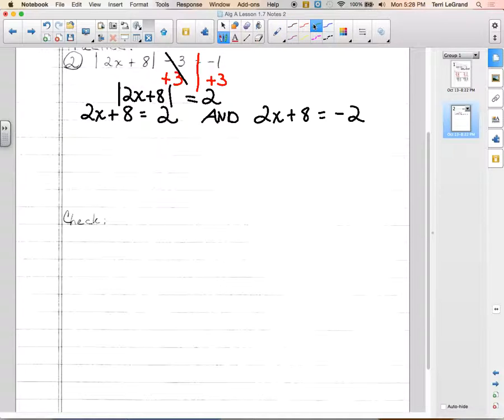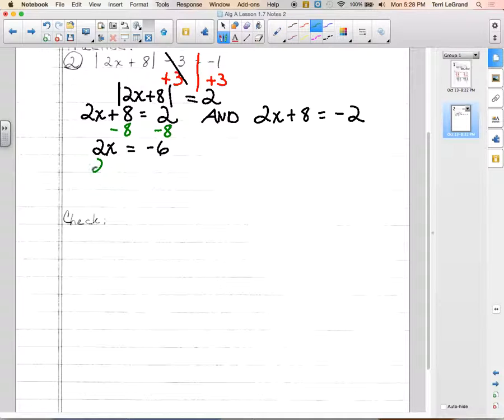So our first move is going to be to undo that addition. So we need to subtract 8 from both sides. The 2x is now by itself, and 2 take away 8, negative 6.